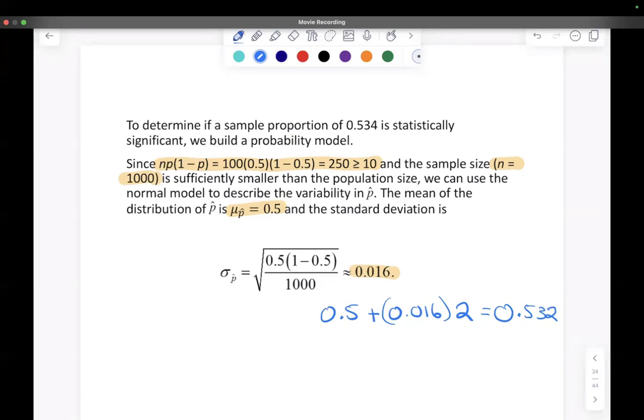Therefore, it would be unusual to find a sample with 534 out of 1,000. Did I math it correctly? Okay. So it would be unusual to get this right here. That would be unusual. Therefore, this would cause us to reject our null hypothesis.